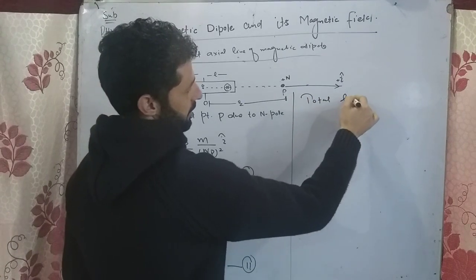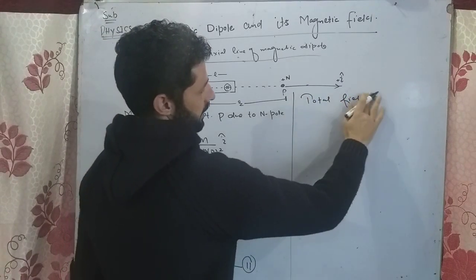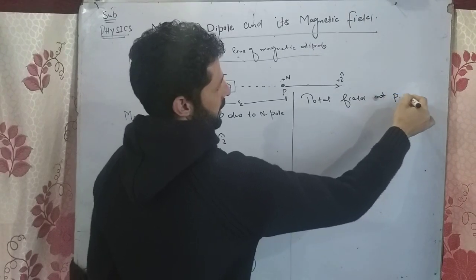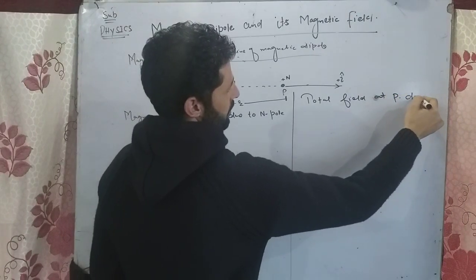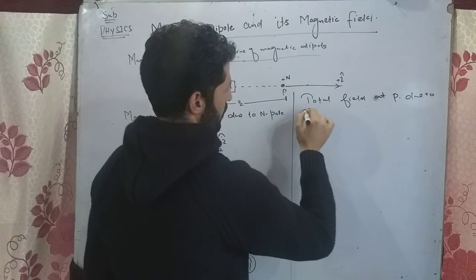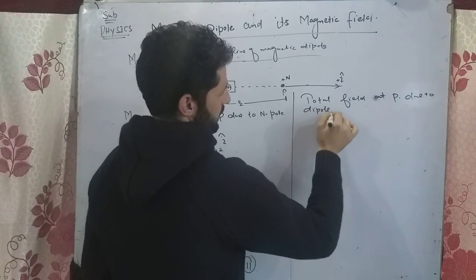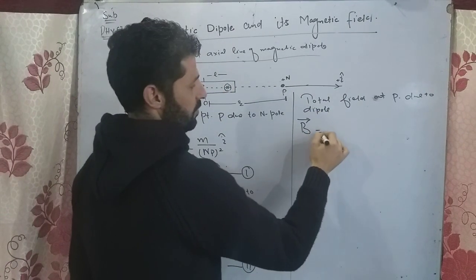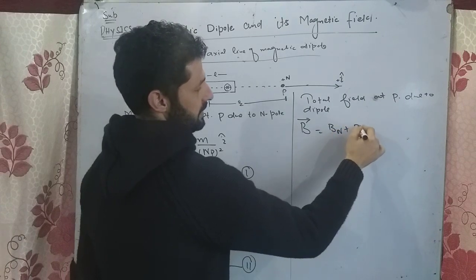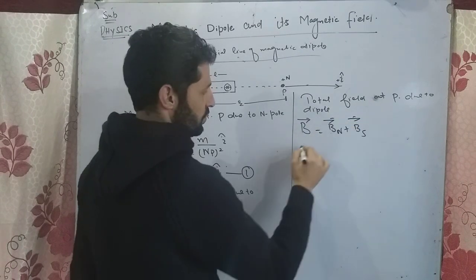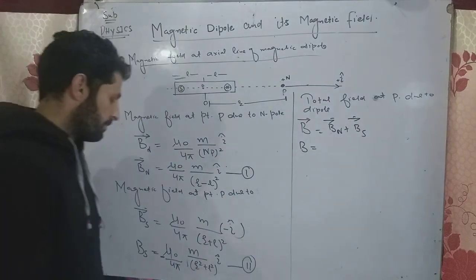Total field at point P due to the dipole. Total B is equal to Bn plus Bs. So B is equal to, what's Bn?